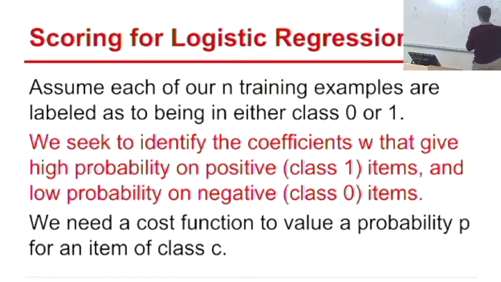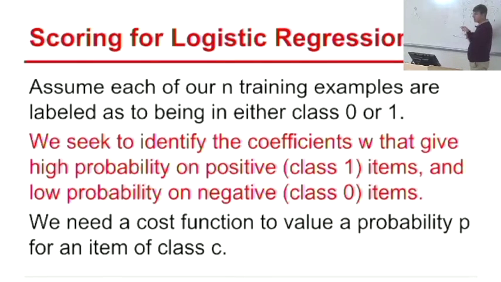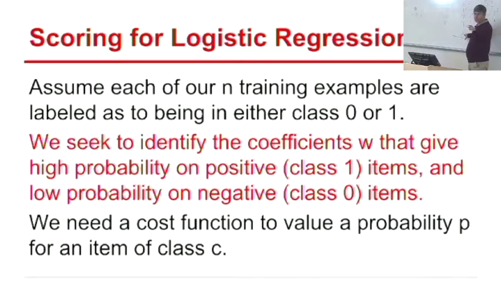Suppose I am trying to predict the probability that I have a positive class member, and suppose my scoring function says the probability of it being positive was 0.99. Do we think that's good performance or bad performance? Okay. If we say there's a 0.99 probability of it being positive, and it is positive, we want to say that's good, right?